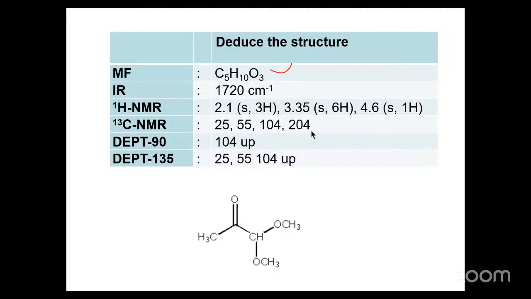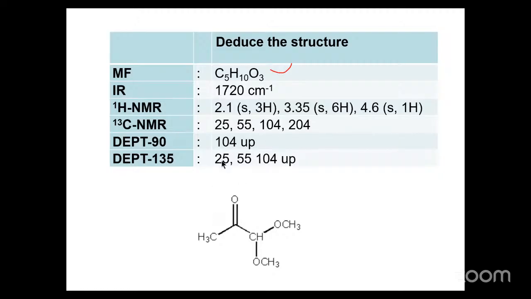204 indicates ketone carbonyl or aldehyde carbonyl, but the aldehyde proton is not coming over here. So that probability we have ruled out. So 204 is due to the ketone carbonyl. So left behind are 25, 55 and 100.